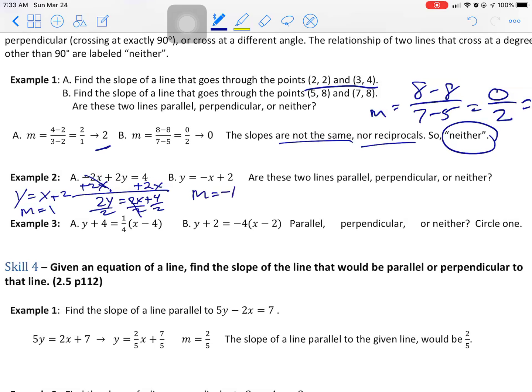All right, so are they parallel? They're definitely not parallel because they're opposite. But think about it. M equals 1 over 1, okay? And the other one is n equals -1 over 1. So if you flipped this one, you'd have still -1 over 1.